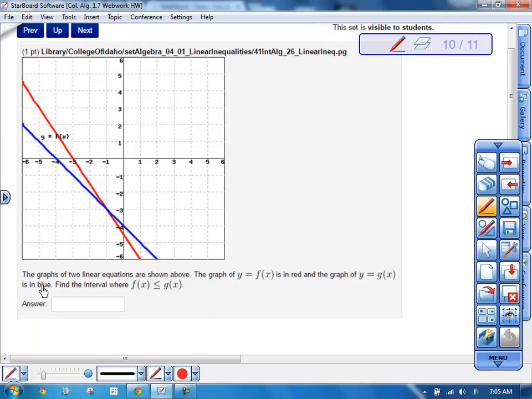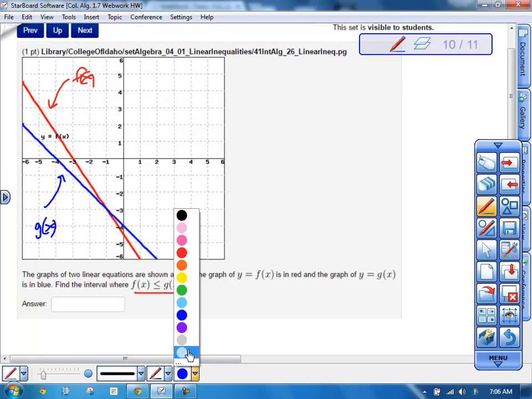All right, next problem wants us to solve this inequality right here. And it says that the graph of the two linear equations are shown, where the red one is f of x. So this is f of x right here, and the blue one is g of x. Find the interval where the red one is smaller or equal to the blue one.